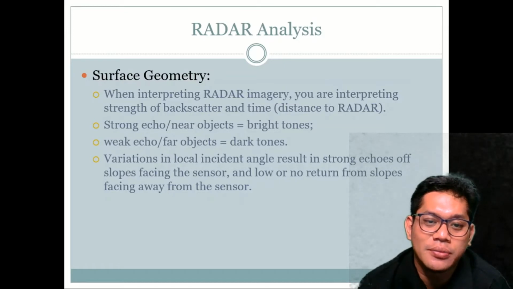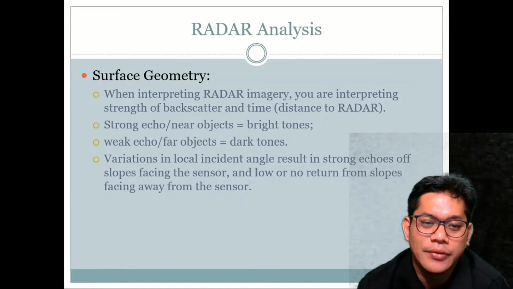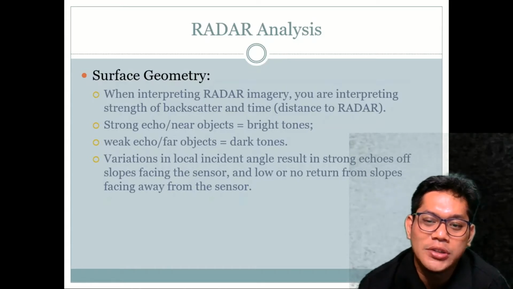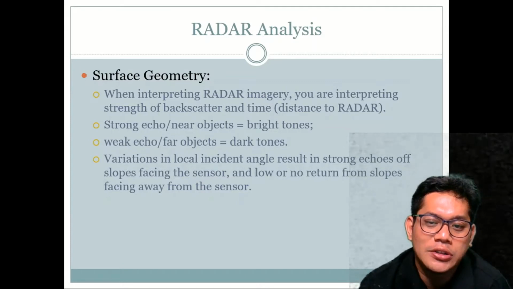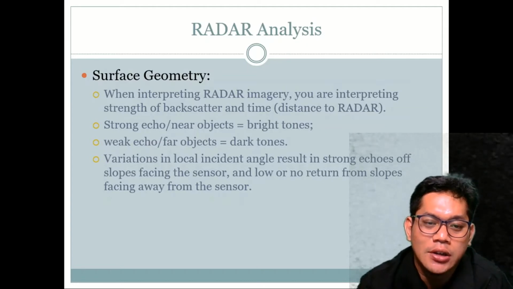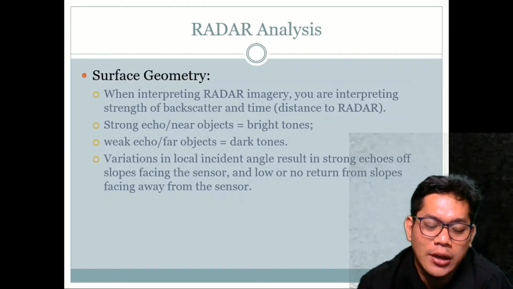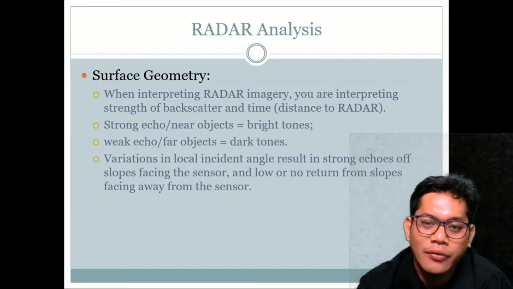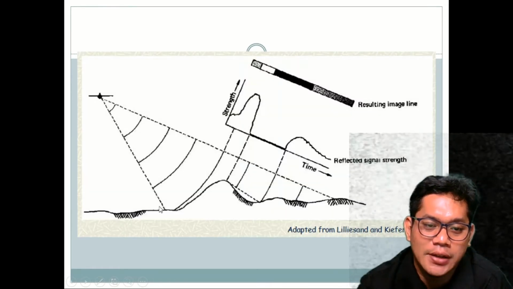So strong echoes from near objects will give you bright tones, or weak echoes from far objects will bring you dark tones. And the variation in local incident angle also will result in strong echoes from slopes facing the sensor, and low or no return from slopes facing away from the sensor. That's why we can detect the variations of the surface of the terrain by using a radar system like this.